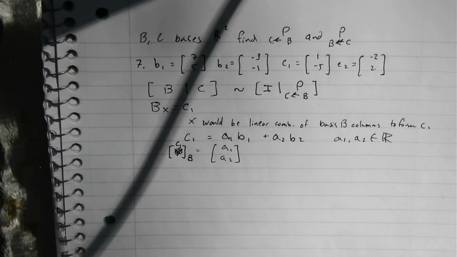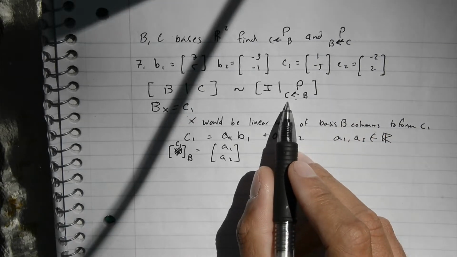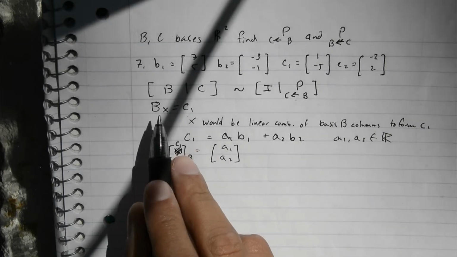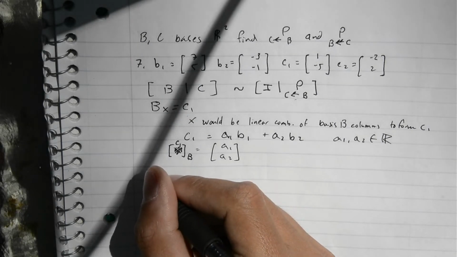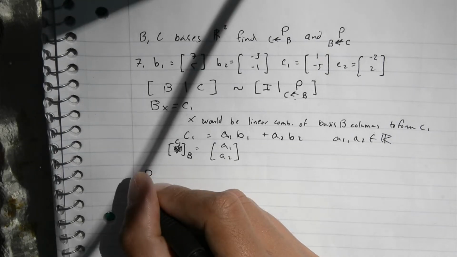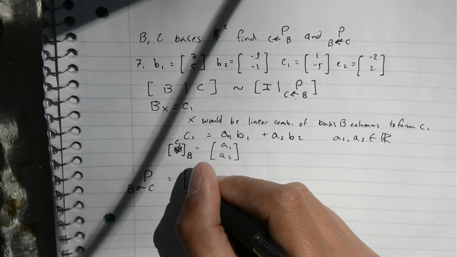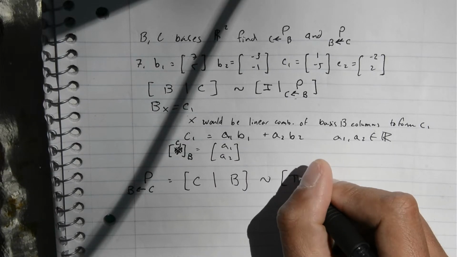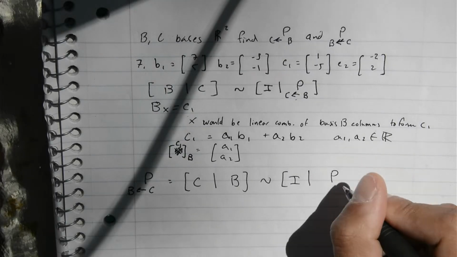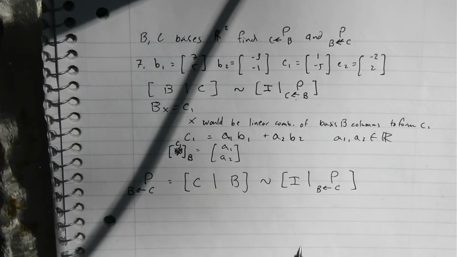Okay. So my answer for 7 is that this is converting a basis B into basis C. But then to find P from C to B, you could either take the inverse or you could just row reduce C, B, and row reduce that into I, P from C to B. So I'm pretty sure that's what you just need to do.